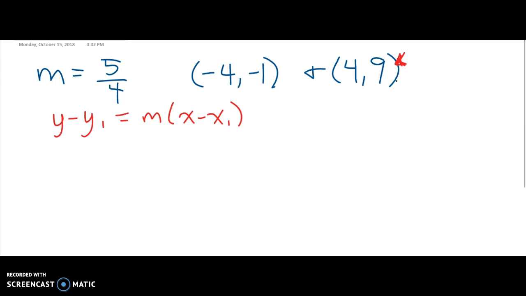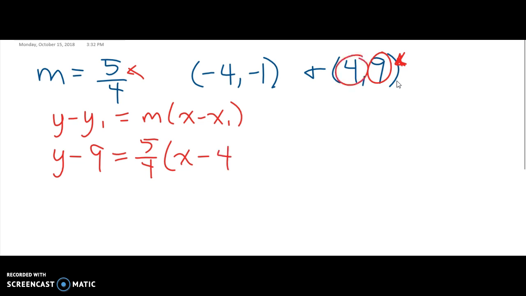Now let's plug in our numbers. y minus, my y1 is 9. m is going to be 5 over 4. And x minus 4. Now this would be what MyMathLab wants as the first step when it says to type the point-slope form of the equation of the line.